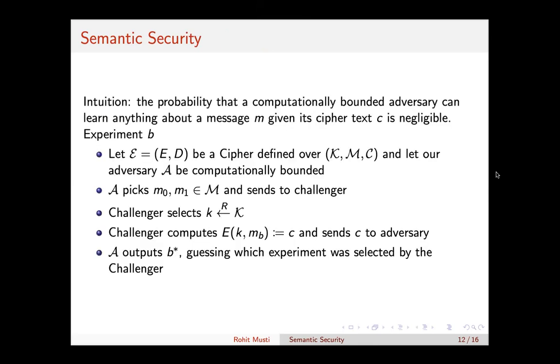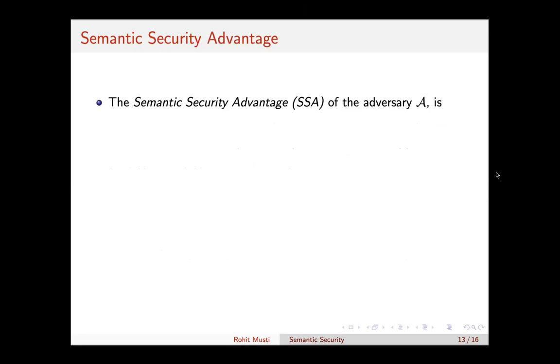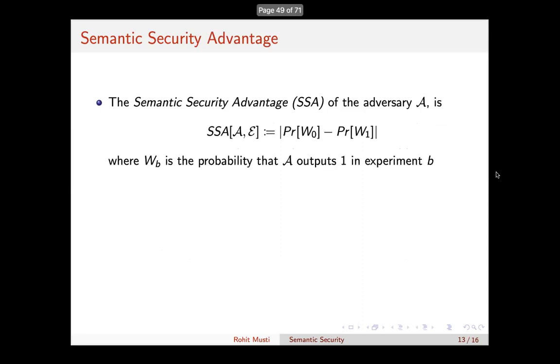The way we're going to define semantic security is going to involve something called the semantic security advantage. The semantic security advantage of an adversary A is defined as the probability that A outputs 1 in experiment 0 minus the probability that the adversary outputs 1 in experiment 1.